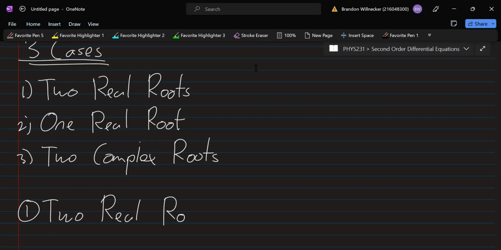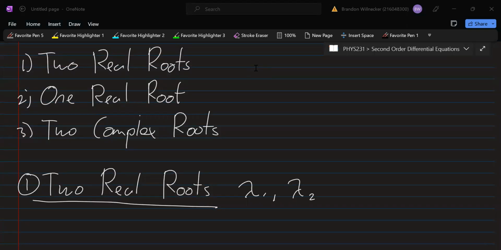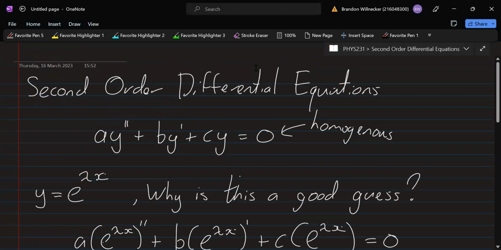In the first case with 2 real roots, this is when we have lambda 1 and lambda 2, and they're both real. Since we have two of them, both of them would be a solution. But since we've got two of them, we can write the solution as a linear combination of the two possible solutions. The reason we can do that is because the original equation is linear, because the derivative is linear.